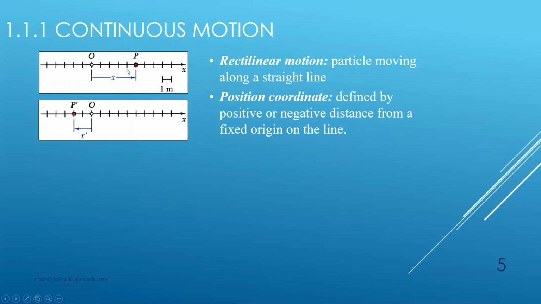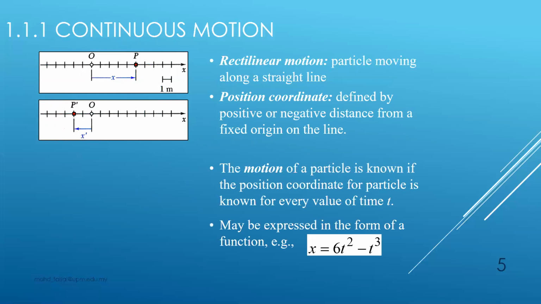If your coordinate system says to the right is positive and to the left is negative, you can see in the second image down here that x prime is going to the left, and therefore we have a negative distance from the fixed origin.